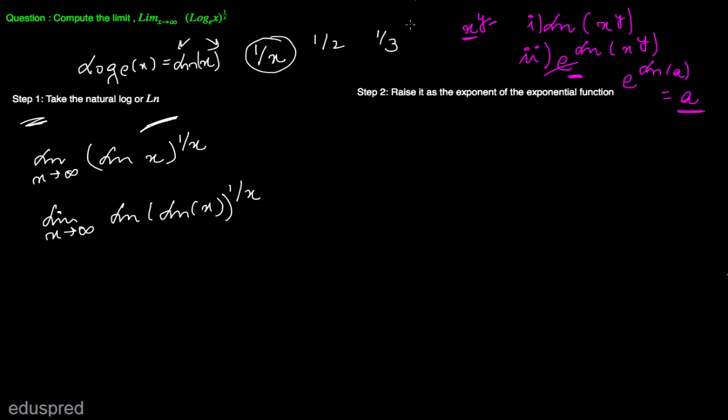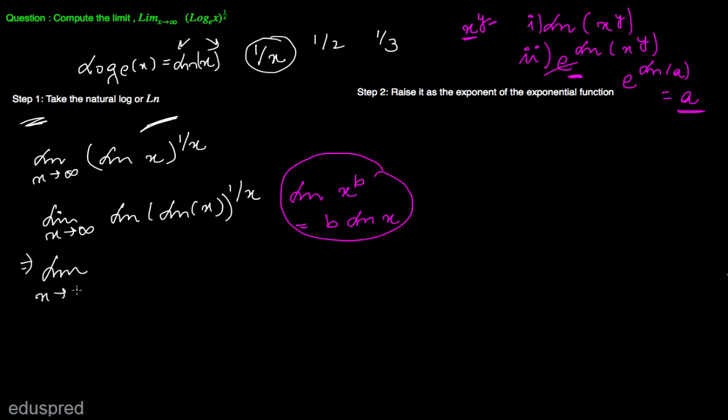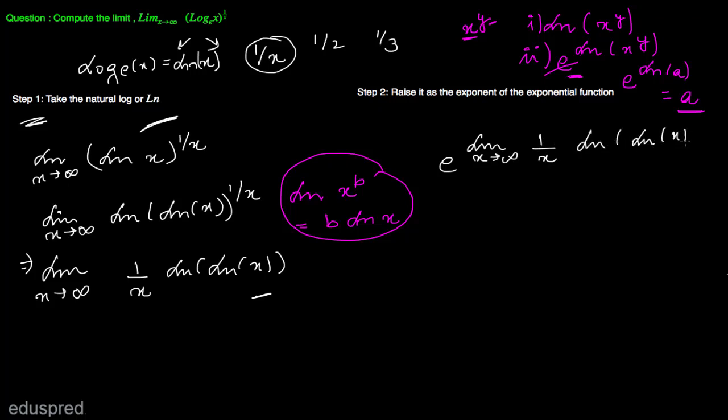Now using the property of log, ln of x to the power b is equal to b ln x, this can be written as limit x tends to infinity 1 divided by x ln of ln x. Now moving on to the next step, you have to raise it as the exponent of the exponential form, which would give us e to the power limit x tends to infinity 1 divided by x ln of ln x. This is the final expression and we need to find the limit.